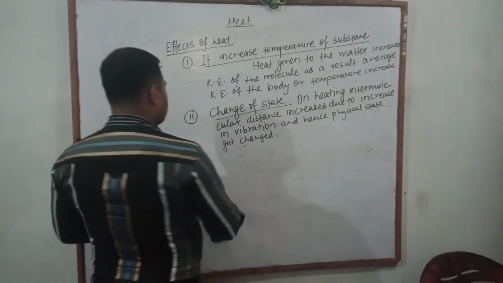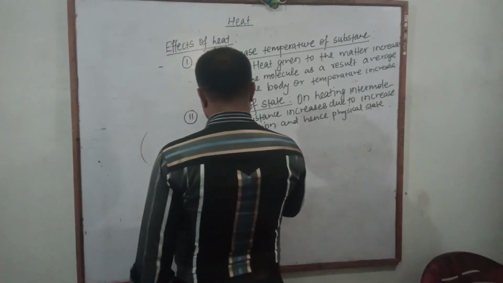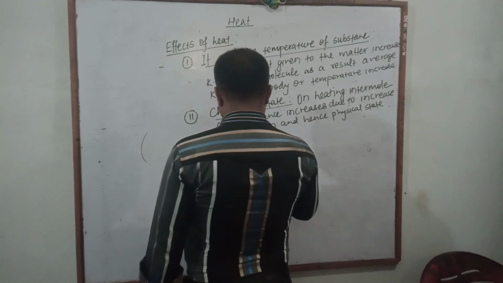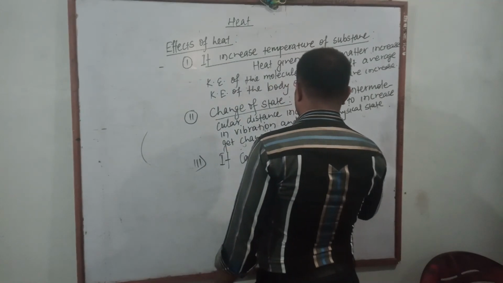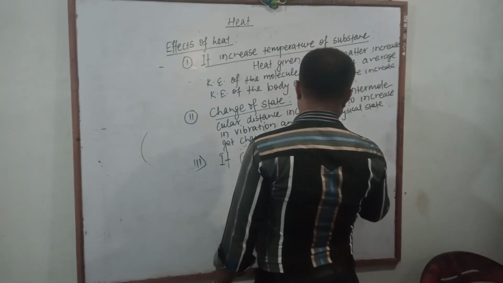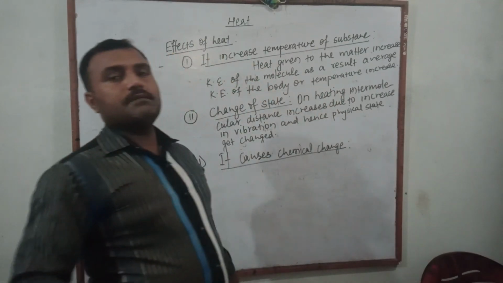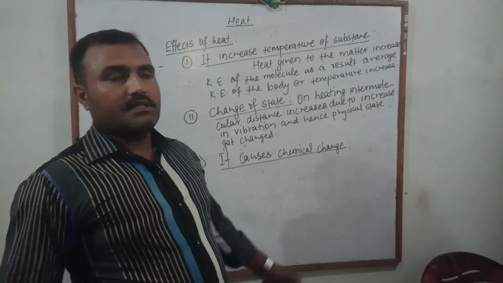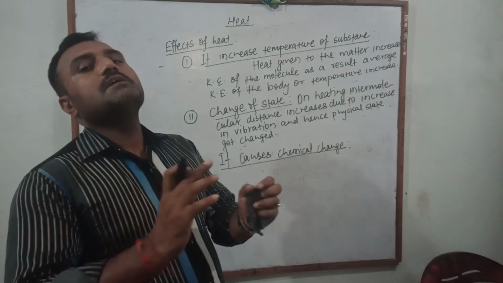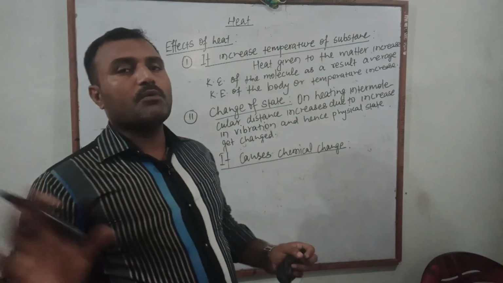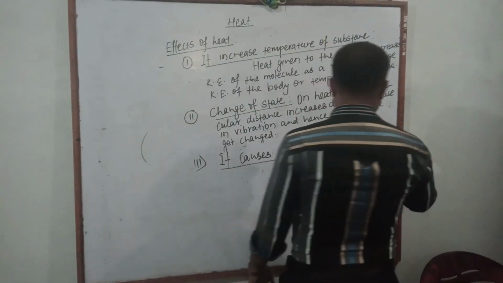The third effect given here: on heating an object, chemical change occurs. When we give heat energy to the matter, its kinetic energy increases. As a result, it collides with other surrounding molecules and a new substance forms, which is known as chemical change.